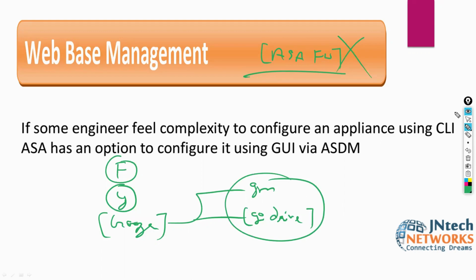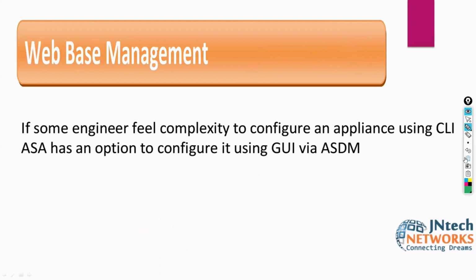Got it. And one more point, what about the IPS and IDS functionality? Because I heard IPS is related to the next generation firewall. Okay. Yes. IPS is a signature based device. For example, your Cisco FTD is what? It's a combination of Cisco ASA plus Cisco Firepower.